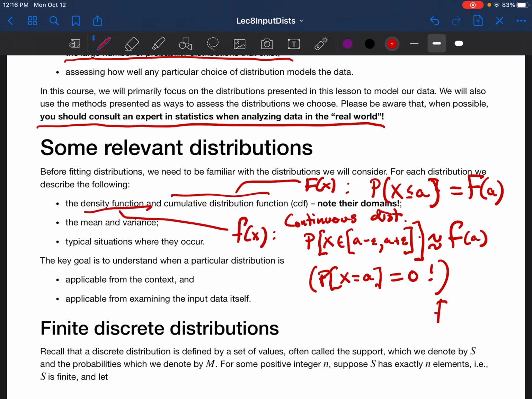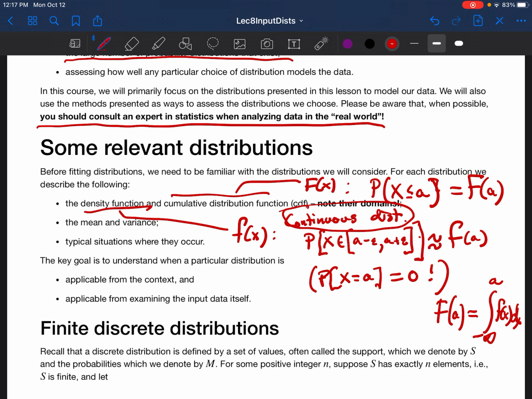And of course, F at a also equals the integral from negative infinity to a of little f of x dx. Okay, that's their relationship. One is the integral of the other. And of course, this is all when we're talking about continuous distributions. So that should all be review from SM 239.